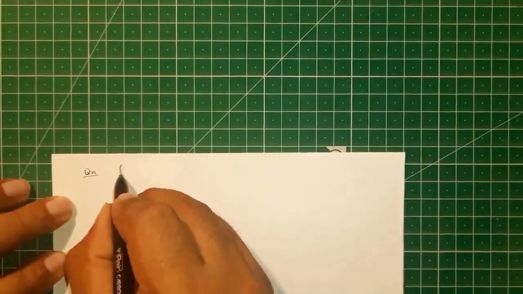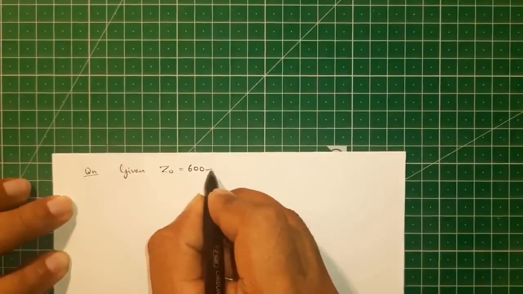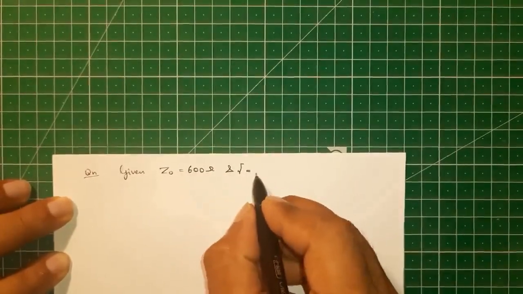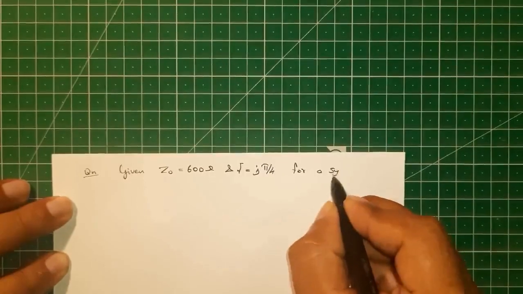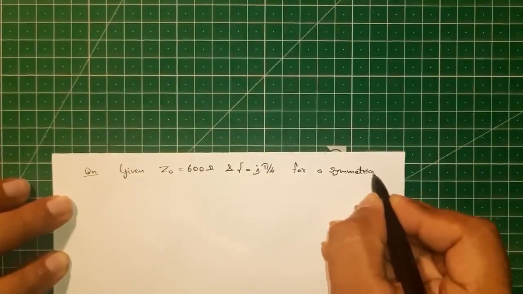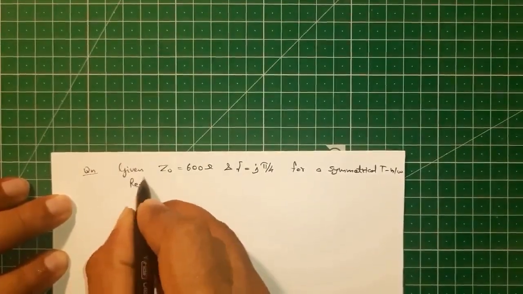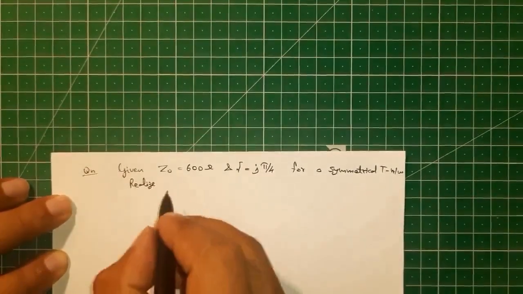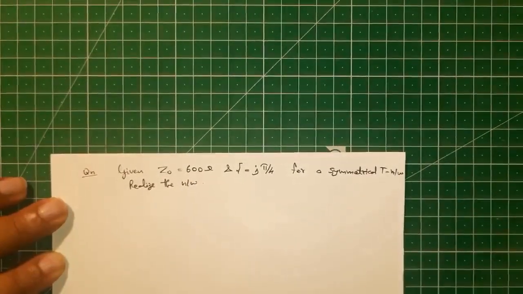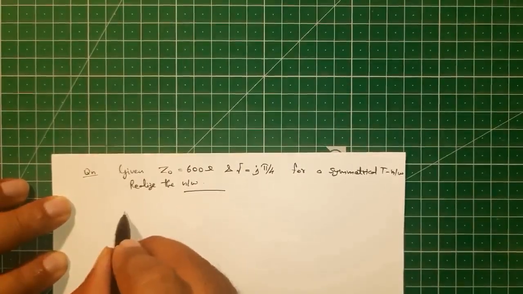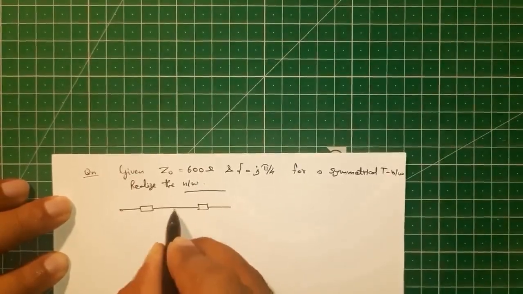So we are given Z0 equals 600 ohm and gamma equals j pi by 4 for a symmetrical T network, and we are asked to realize the network. So we have the T network like this.